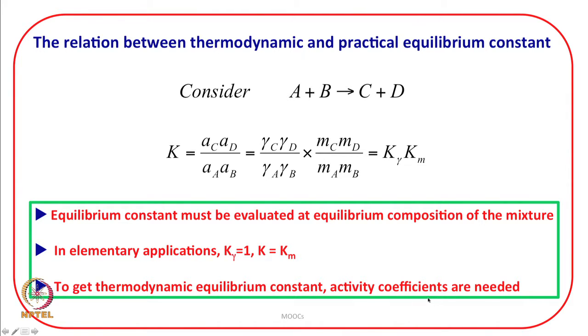To get the thermodynamic equilibrium constant, activity coefficients are definitely needed. We can very briefly talk about the effect of a catalyst, because in industry catalysts are usually used to get a good amount of yield. But does a catalyst affect the value of the equilibrium constant? A catalyst does not affect the value of the equilibrium constant.